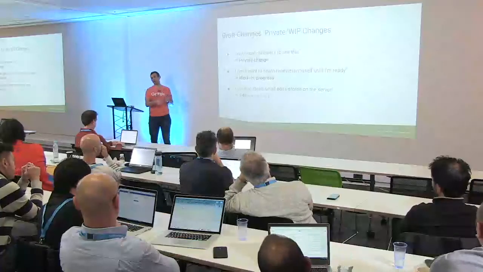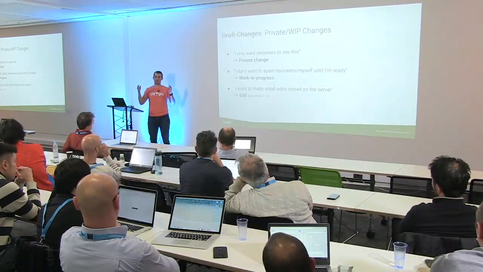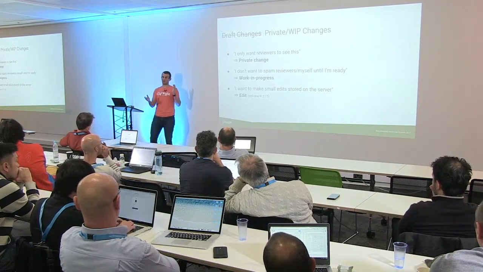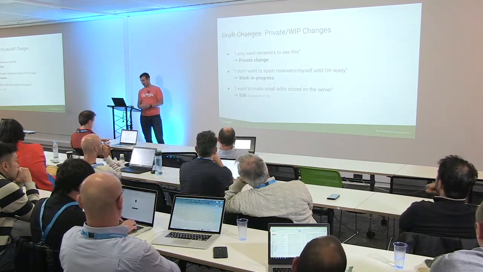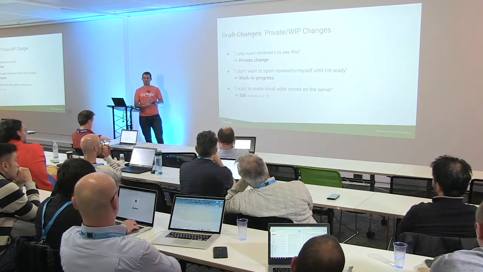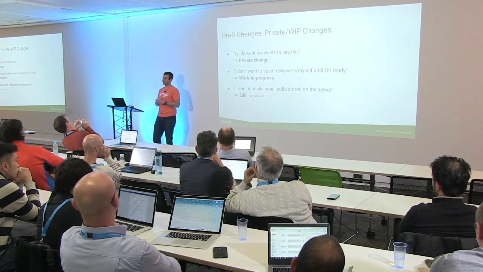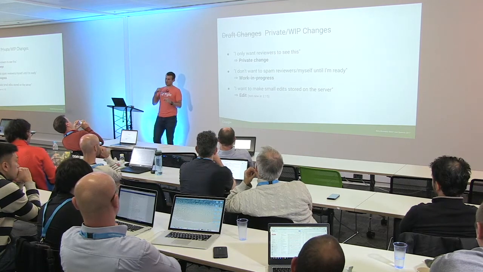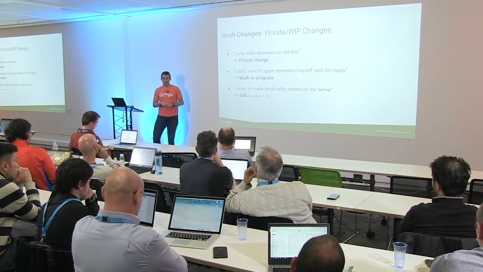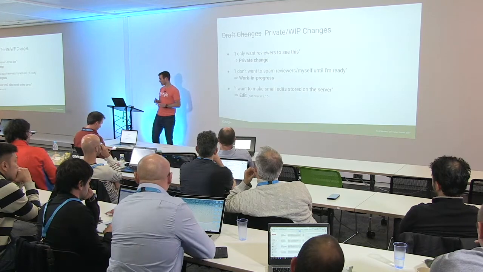So you could push 30 patch sets that are all somehow incomplete, and your reviewers will not get spammed with 30 emails. And there's another feature that we had prior, in like 2.12 or something, called change edits that let you make sort of mutable changes on the server side and prepare something that you can then publish.